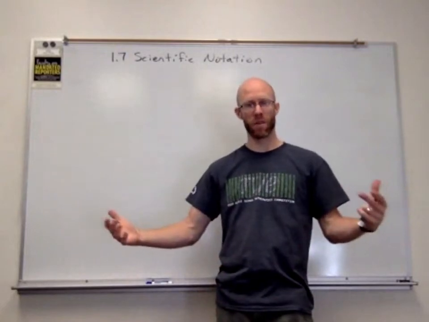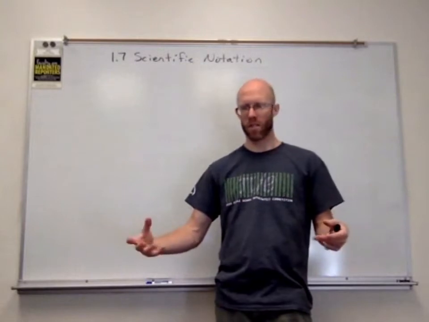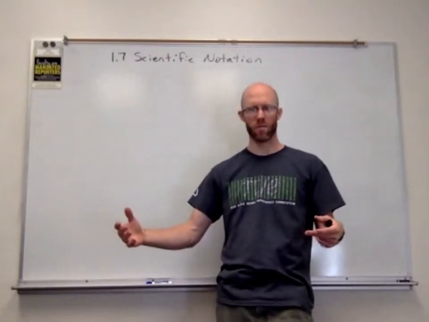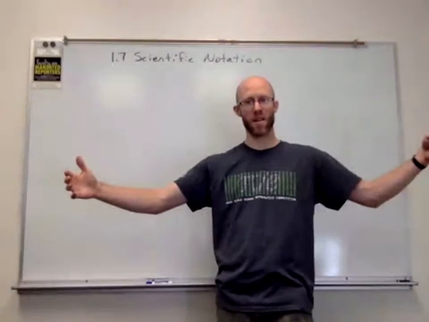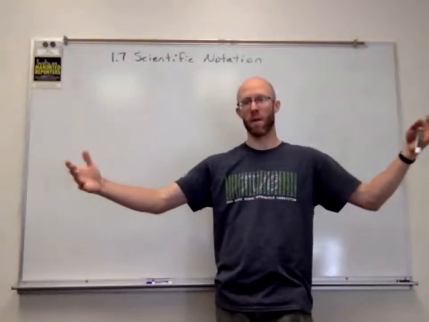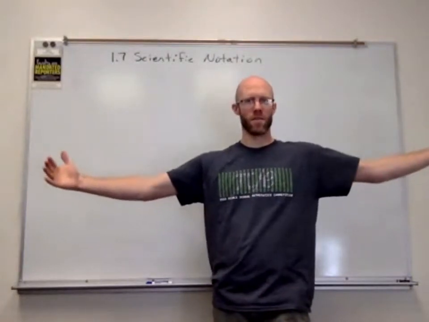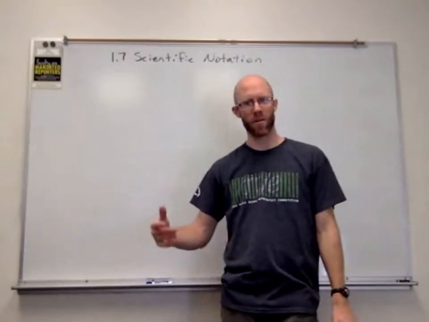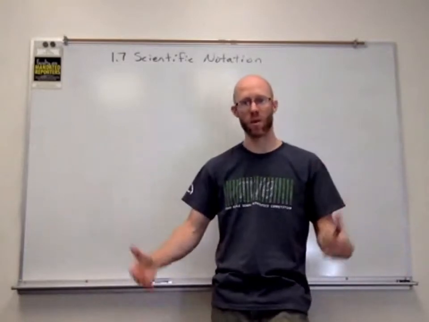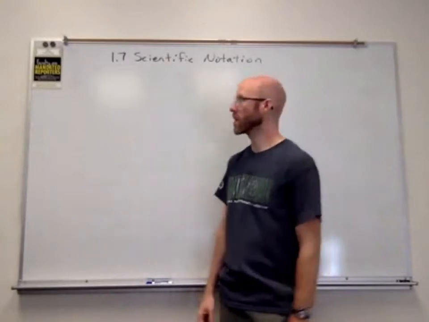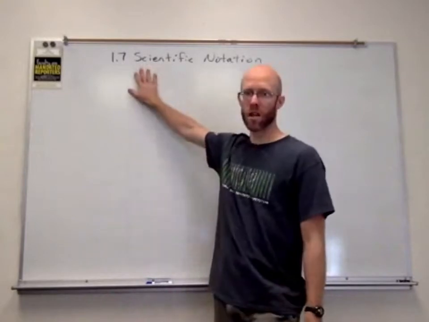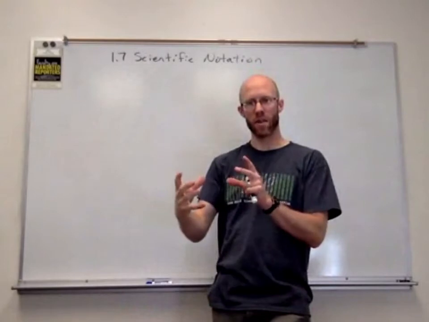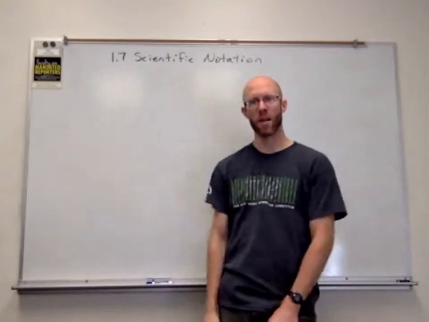If I was talking about the distance between two galaxies in space, in miles, that's enormous. It's a huge number that I would never want to write out or do any calculations with. And so we have a notation to shrink those down and make them more compact and usable.